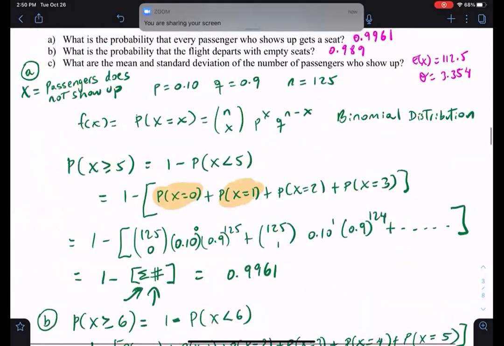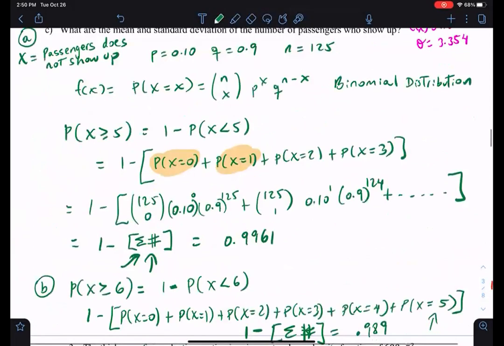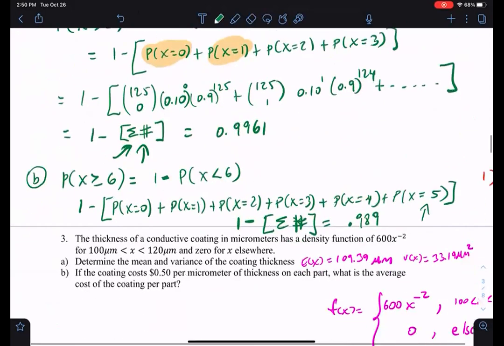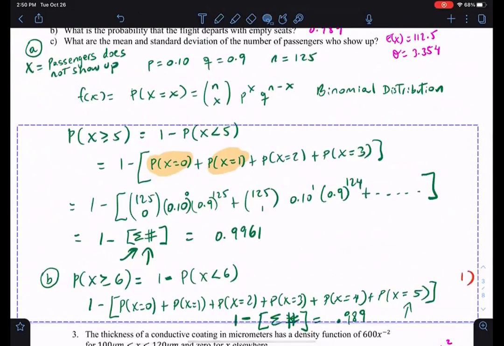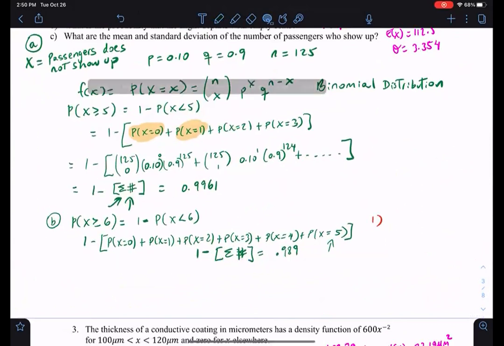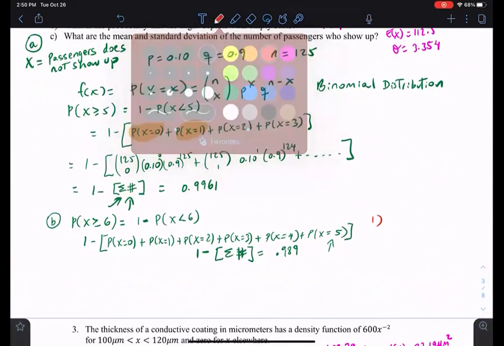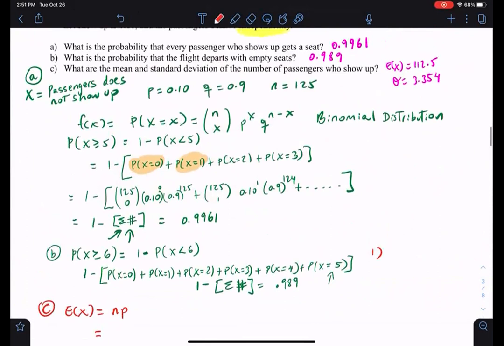And the last part is asking what are the mean and the standard deviation of the number of passengers who show up. So I'm going to make this smaller so I can put part C here. Part C is asking for the expected value, the mean, and the standard deviation. The mean of the binomial distribution is just np, but you have to be careful here, because I labeled my random variable as the passengers that do not show up.